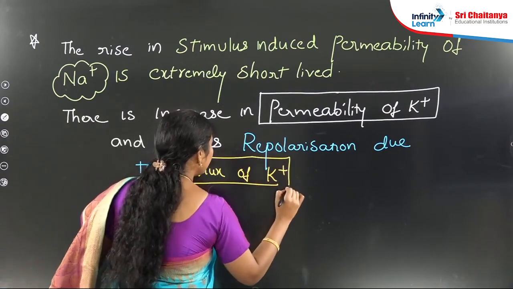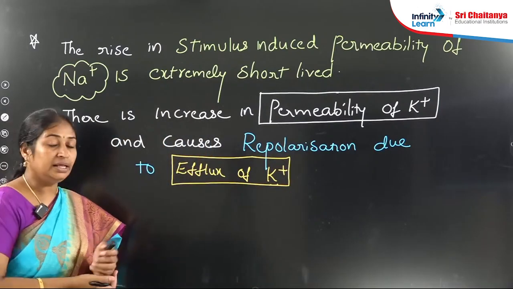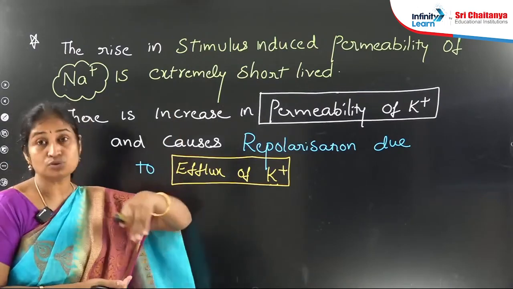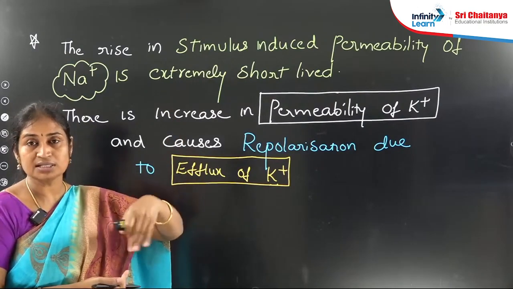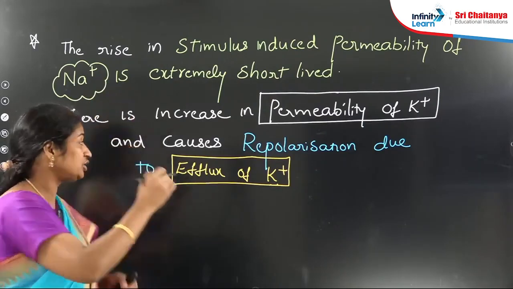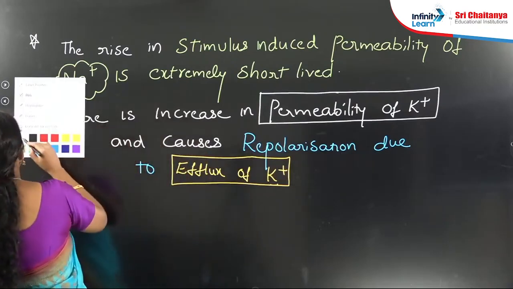So this point is very, very important here. Why is depolarization taking place? Depolarization is taking place due to influx of sodium. Influx of sodium causes depolarization. Now, outflux or efflux of potassium causes repolarization. These two are important points.